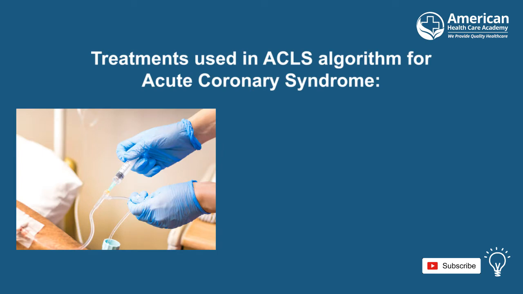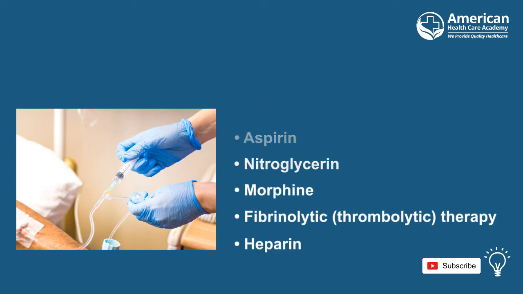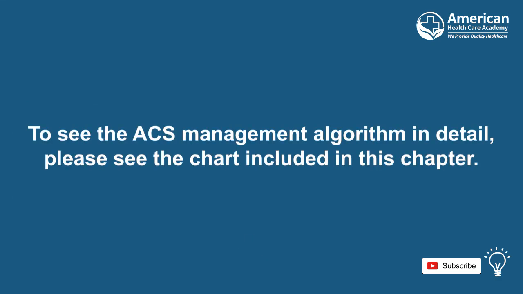The following are all treatments that are used in the ACLS algorithm when treating acute coronary syndrome: oxygen, aspirin, nitroglycerin, morphine, fibrinolytic therapy, and heparin. To see the ACS management algorithm in detail, please see the chart included in this chapter.